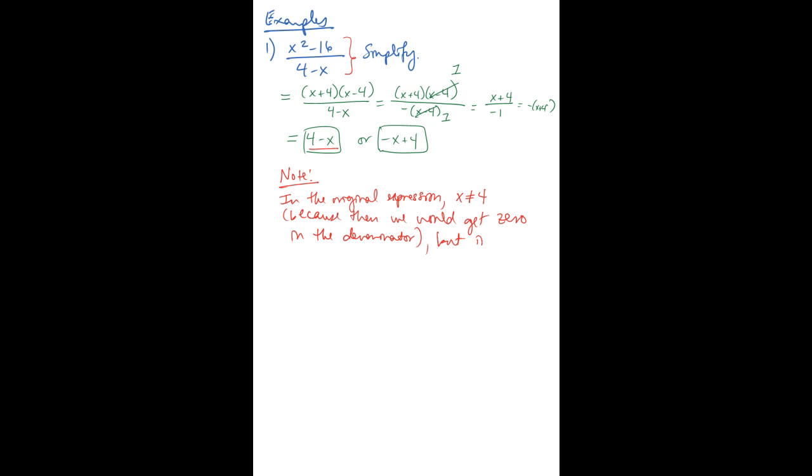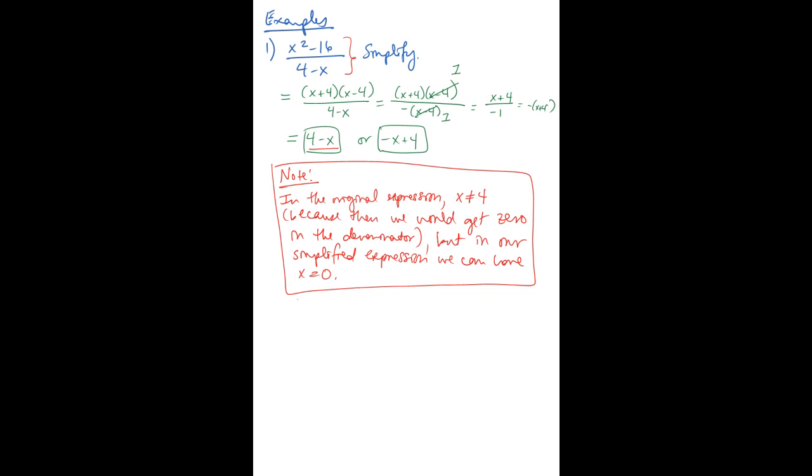But in our simplified expression, we can have x equal to 4. So we notice there's a change here. Sometimes when we simplify an expression, it changes what values we're allowed to put in for the variable.